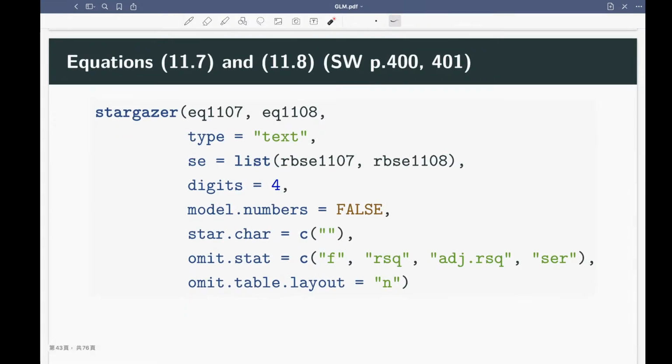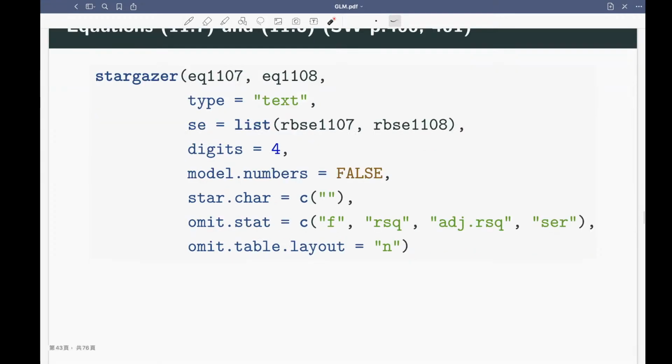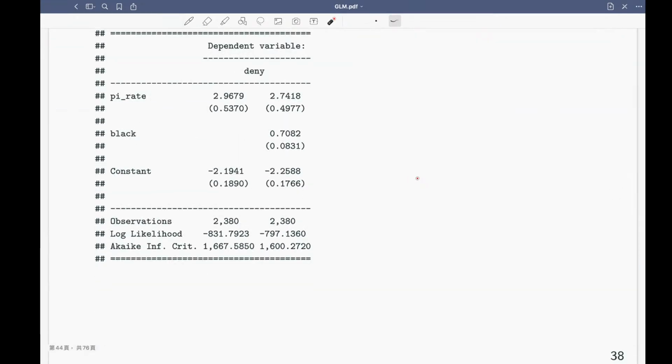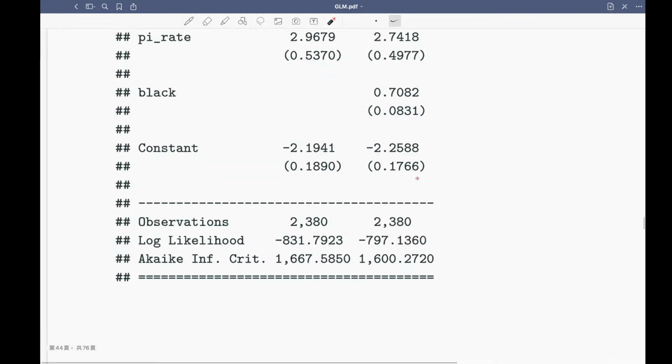And in the end, we also have the output in one table. We change to these two models and these two robust standard errors. And we can find this result here.